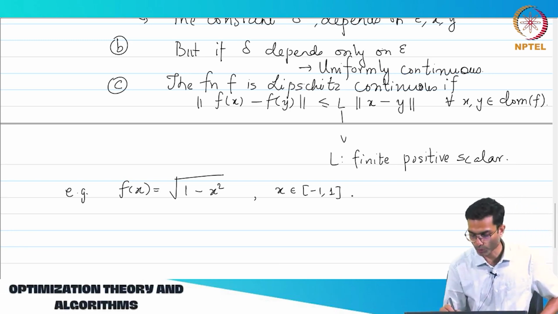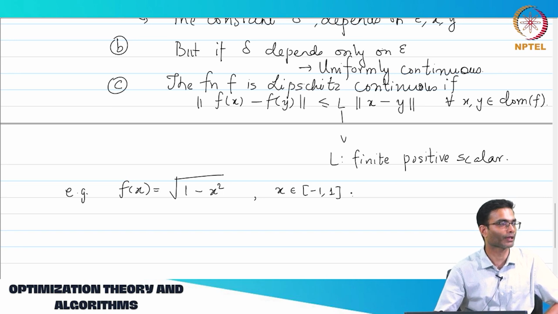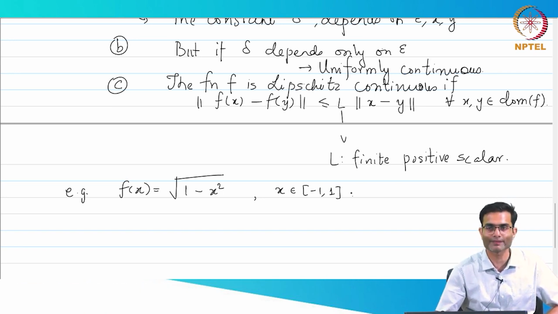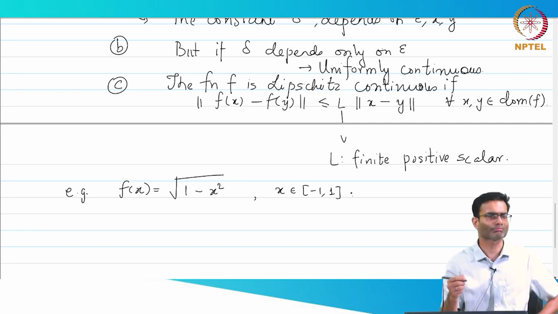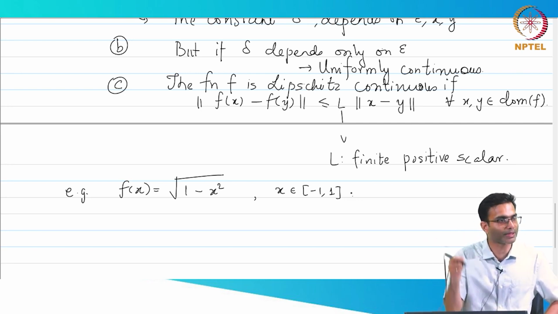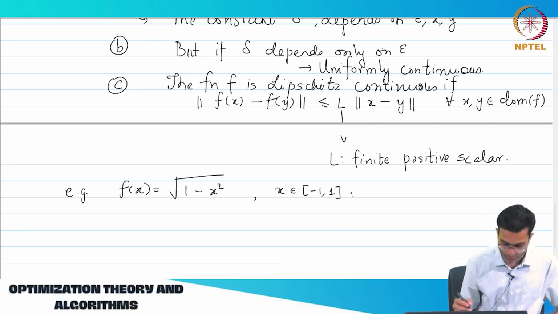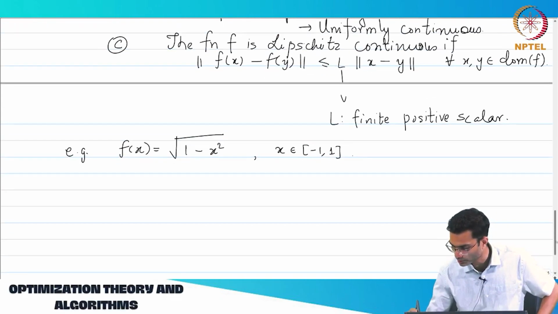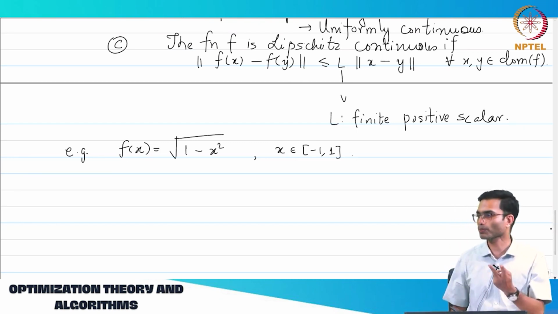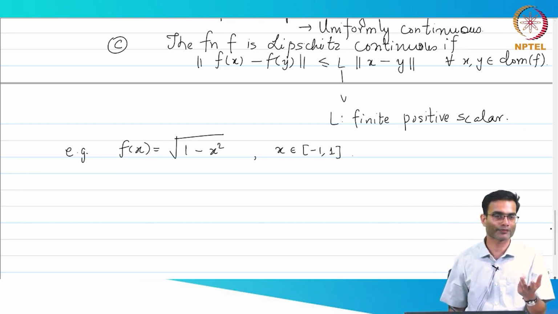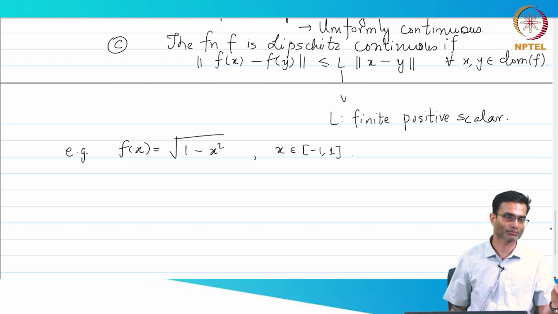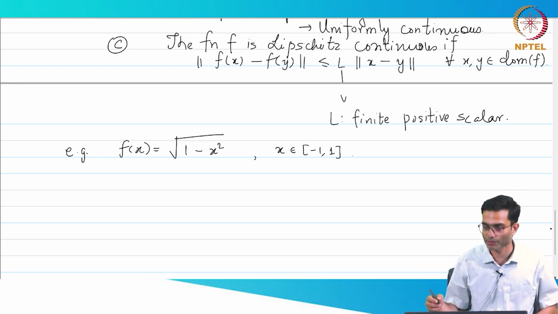Now we want to figure out what type of continuity this function satisfies. Now, root of 1 minus x squared, intuitively, if you graph it, looks like a continuous function. But which precise type of continuity it satisfies is something that we want to see. So the usual procedure is to take 2 points and take their difference and the difference of their function values, and then see which way the inequalities follow.